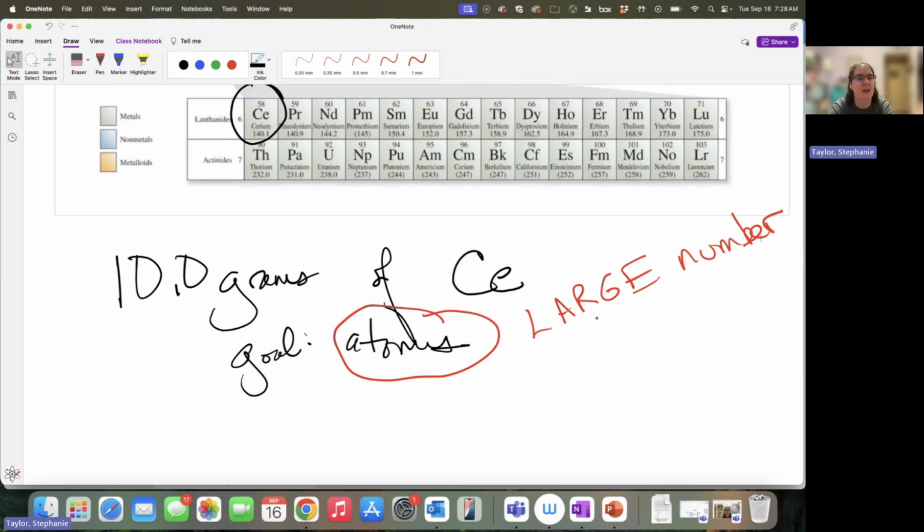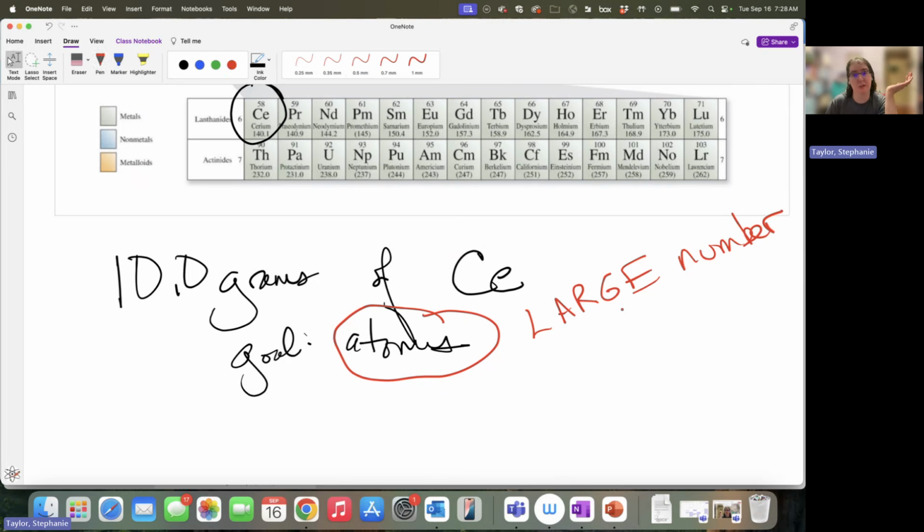So I don't care how big or how small that gram number is. When you end in atoms, that number's got to be big. You've either got to have a big positive scientific notation exponent or something, but a big number. So when we're done, I expect a big number.